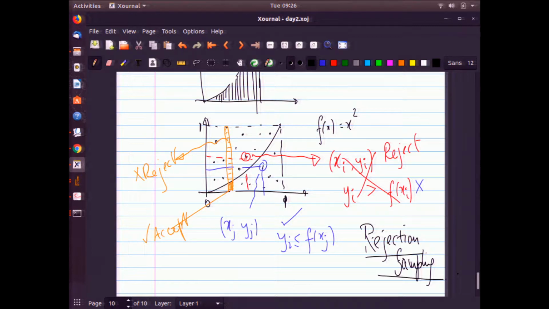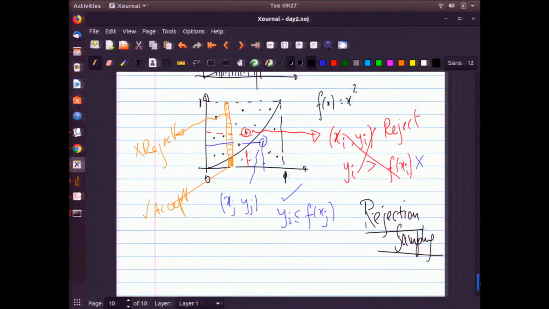So if you are in a two-dimensional space and I gave you a surface as your PDF, you need to generate three-dimensional samples. So it's only d plus 1. If you have a d-dimensional space, you need to generate d plus 1, which is a constant, so it's probably not that costly. And then once you do that, all you need to be able to do is evaluate whether to accept or reject it. It's quite an elegant idea.